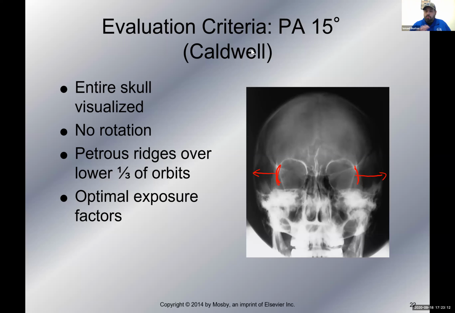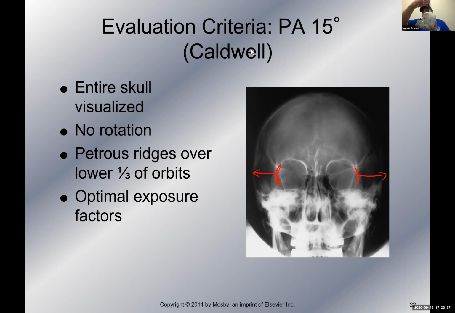So the way it's going to happen is if I have my patient like this. It's kind of hard to see without me being with y'all, but here's the patient. They have their nose and forehead on the image receptor. OML is perpendicular. So my OML, if I bring it up, goes this way. My angle is supposed to be 15 degrees from that OML.